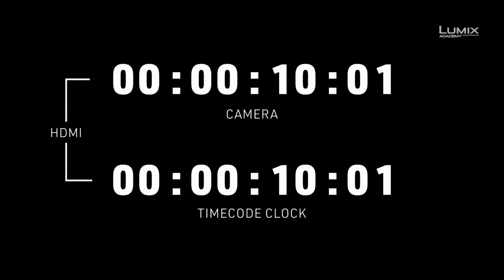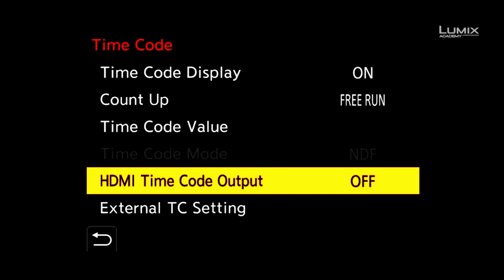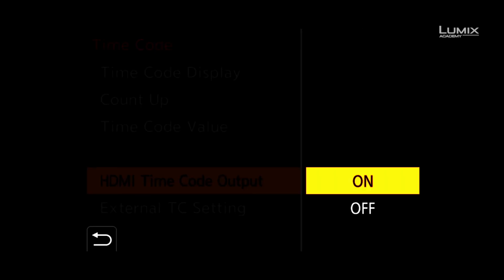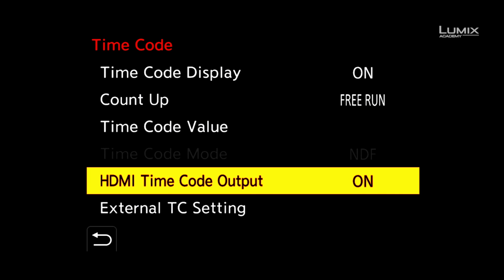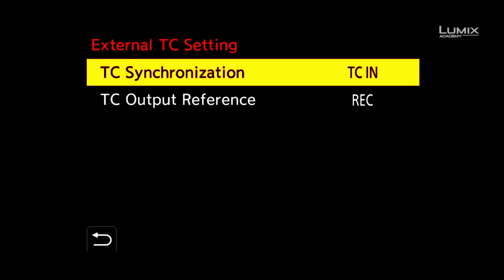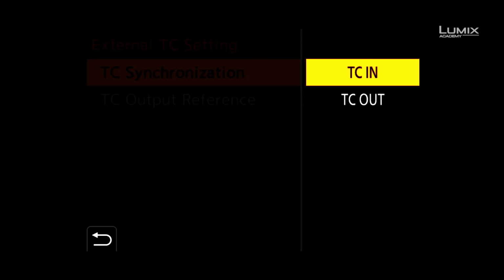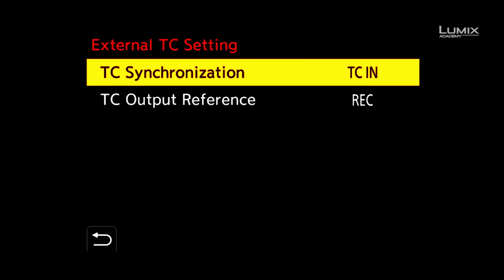HDMI timecode output allows you to pass timecode to external recorders via the HDMI. Lastly, the external timecode settings option allows you to choose either timecode in if you're using an external device like the Tentacle Sync, or alternatively you can select timecode out if you're using cameras as the master timecode device.